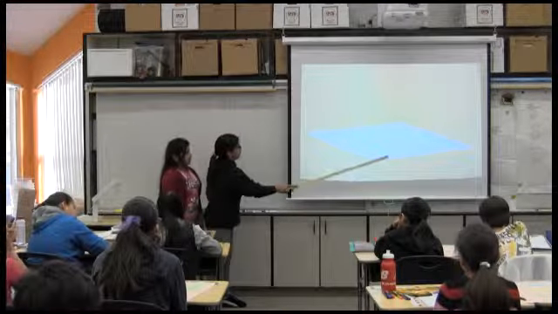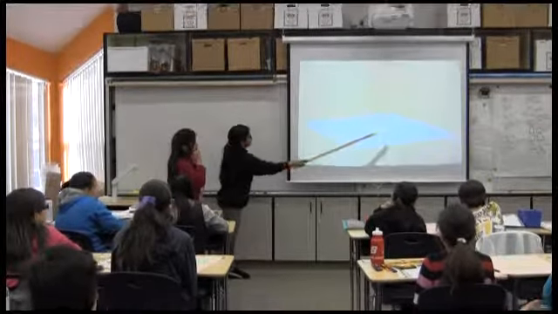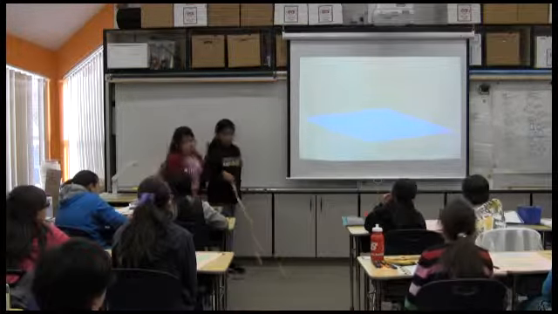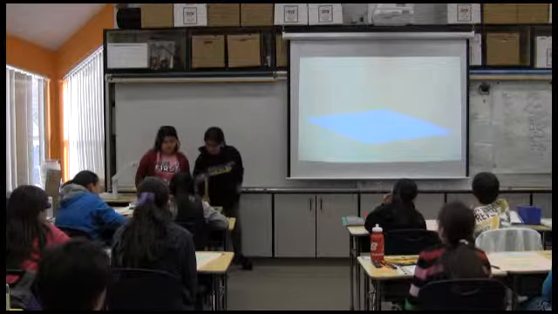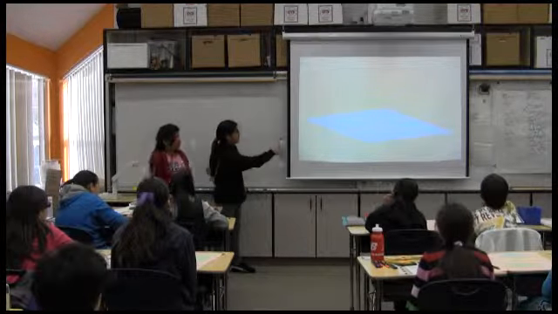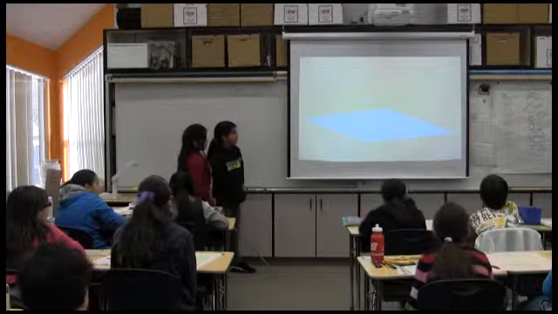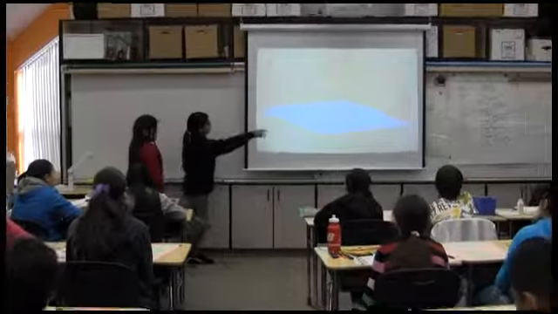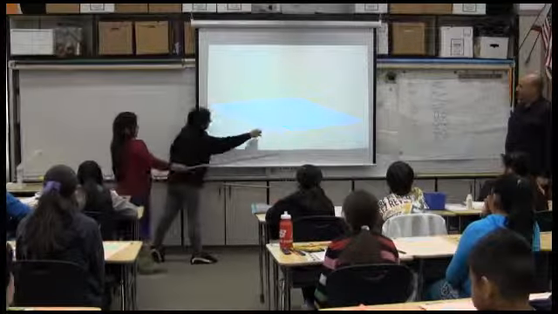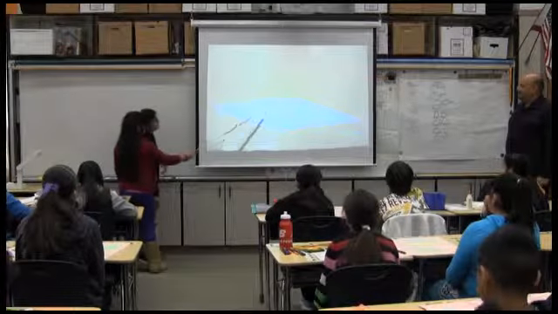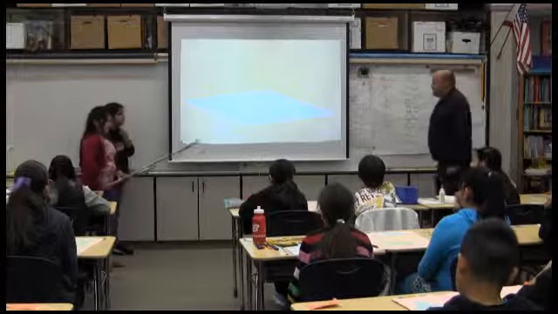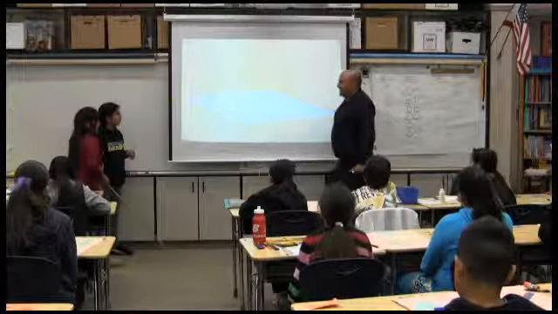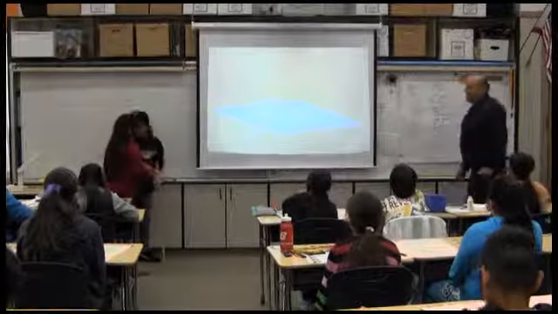This one is parallel to this line, and this is the other parallel. Okay. Anything else? The opposite sides are congruent. Opposite sides are congruent. Okay. These two are congruent and these two are congruent, right? All right. Anything else?